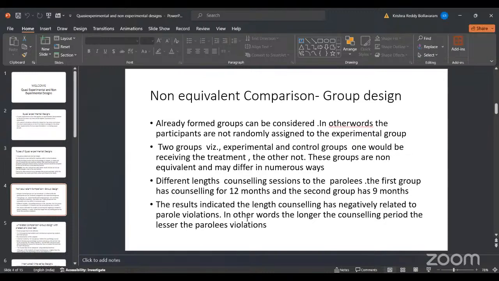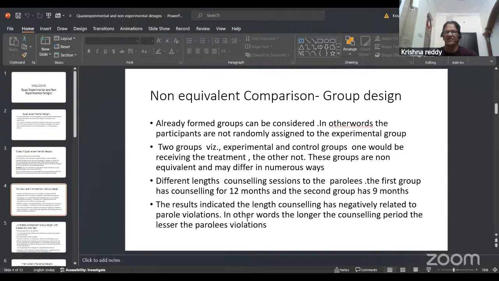Parolees are the participants here. They are using the length of counseling as the independent variable. One group has a 12 months counseling course, the other group a 9 months counseling course. Then they're tested with regard to the violations. It is clearly indicated that the 12 months counseling course has better results as far as violations are concerned, because they are not going to violate many things.